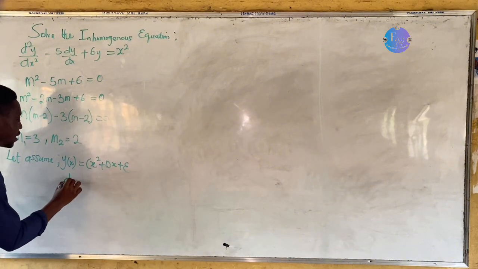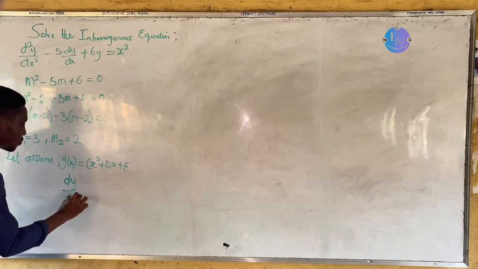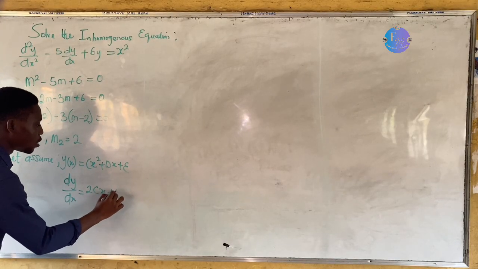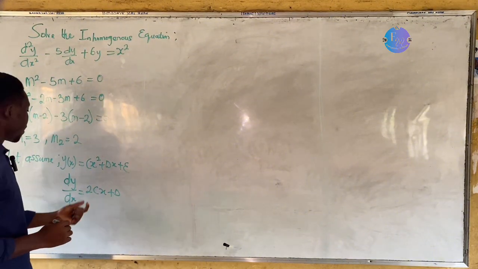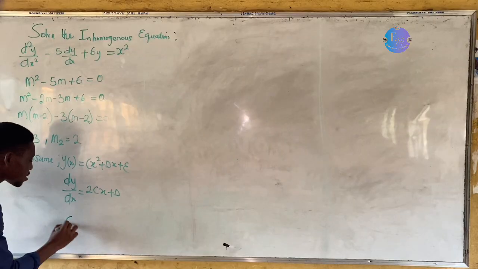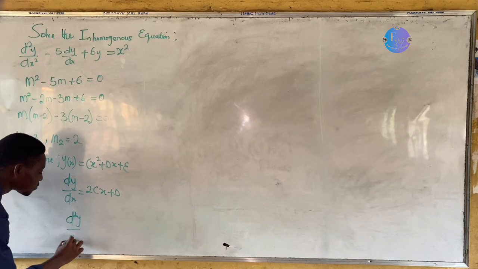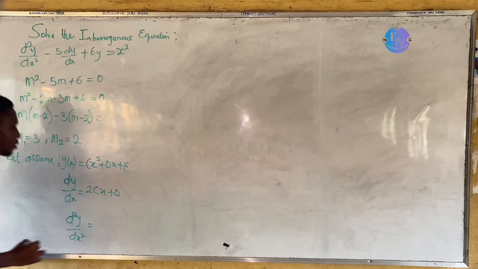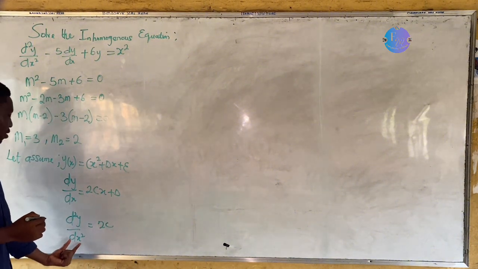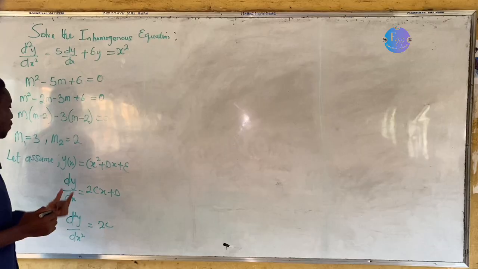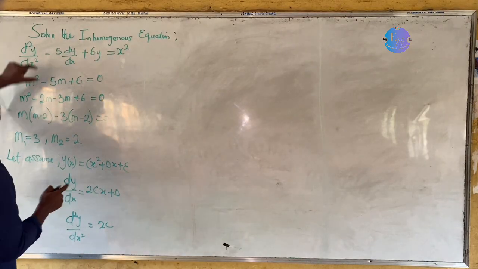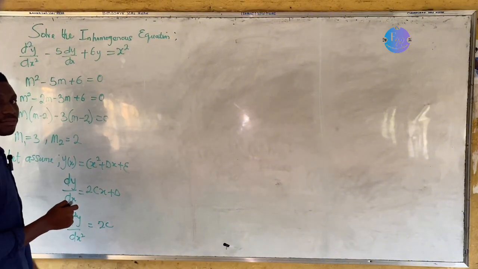So we have dy/dx, which will give us 2cx plus d. We'll find the second derivative of y, d squared y/dx squared, which will give us 2c. Now we have the second derivative, the first derivative, and the original function. So we input all this into this equation.